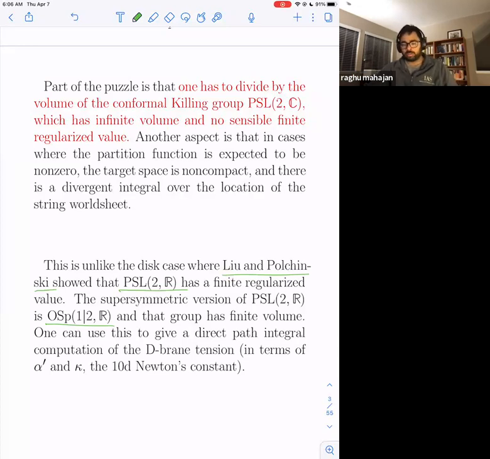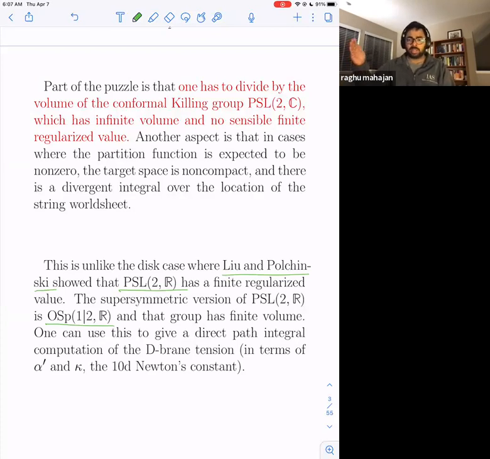So what I'm trying to say is the disk is maybe slightly better behaved than the sphere, even though the bosonic version has some problems. It's not really clear in what sense you can replace the infinite volume by the finite regularized value. In the supersymmetric case, I think the situation is better because the group volume is just finite.